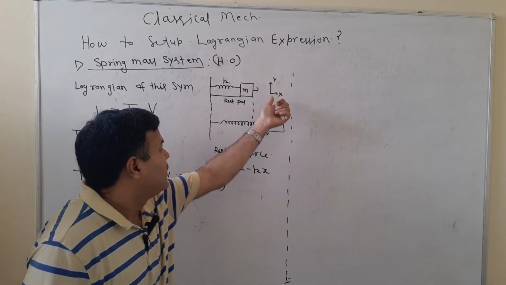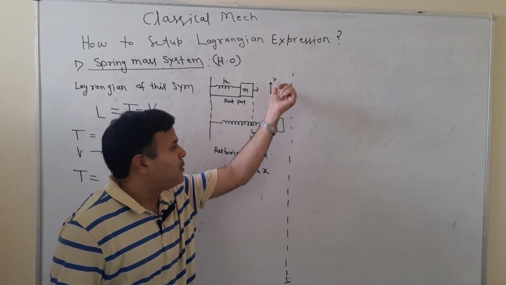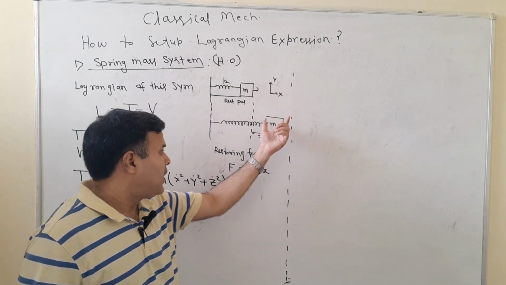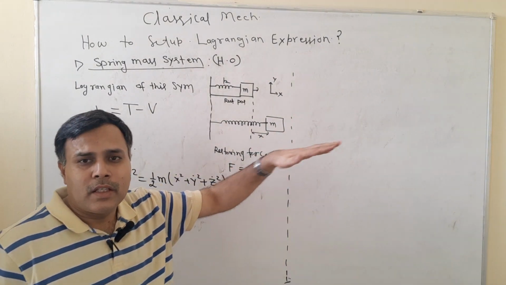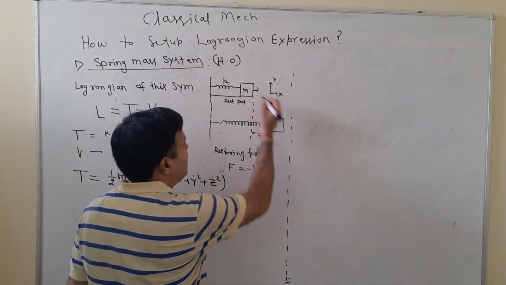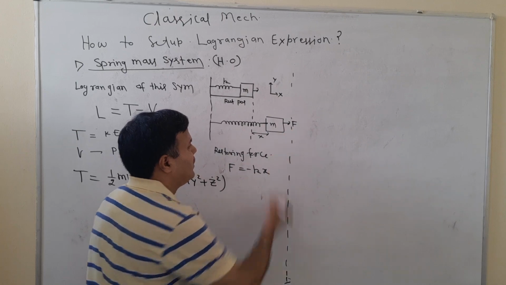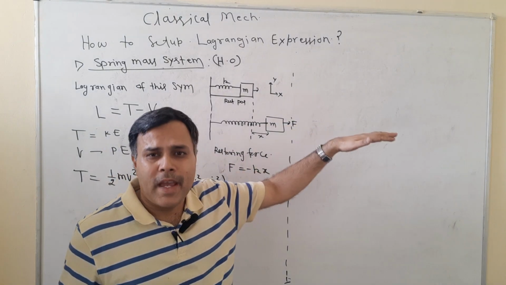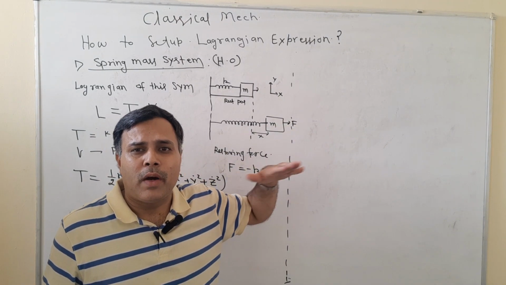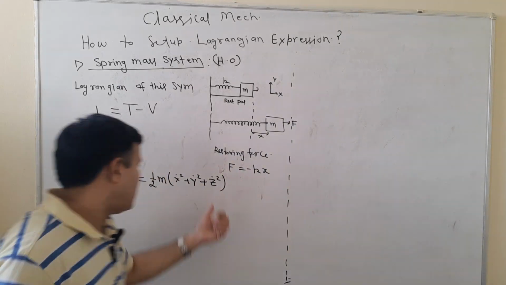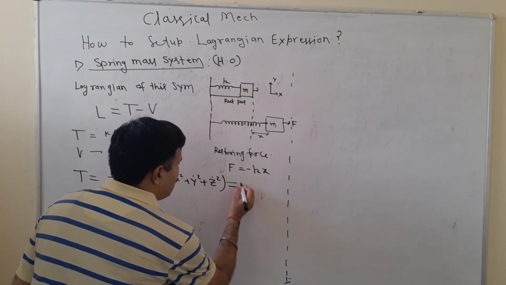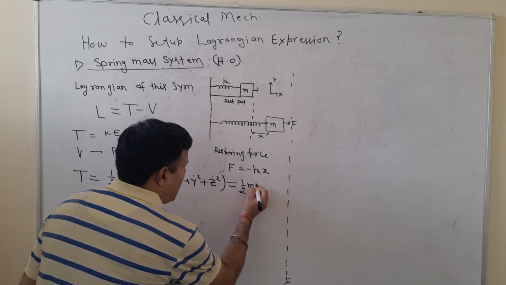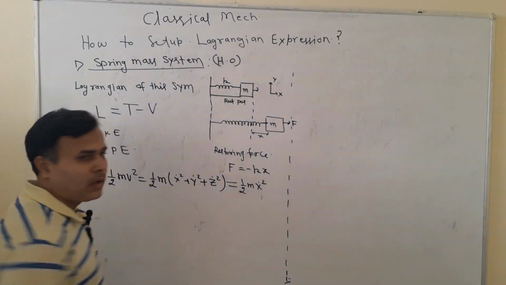From this geometry we can conclude that the stretching, where we apply the force, is only along the x direction. So there is no y and z component, and that is why our kinetic energy is simply 1 by 2 m x dot square.